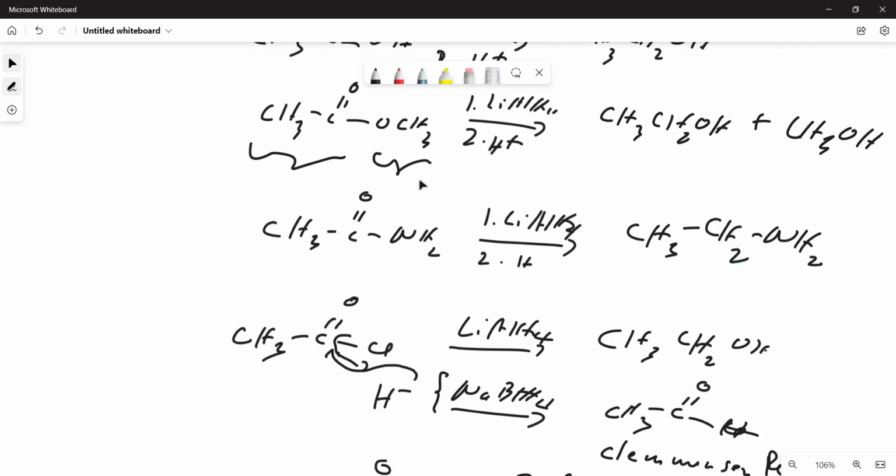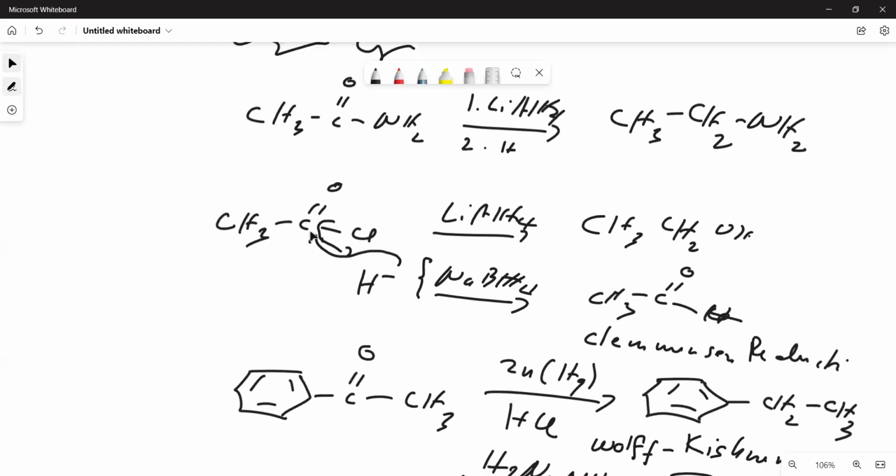Okay. So you see, all of the three are reduced by lithium aluminum hydride, but they cannot be reduced by the hydrogenation process. How about the acyl halide, which is the most reactive of all the carboxylic acid derivatives?